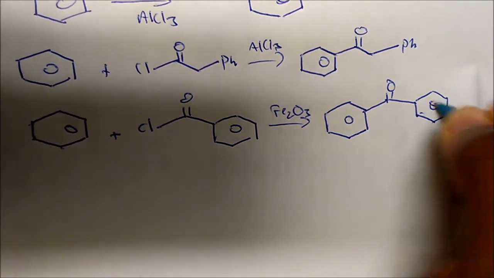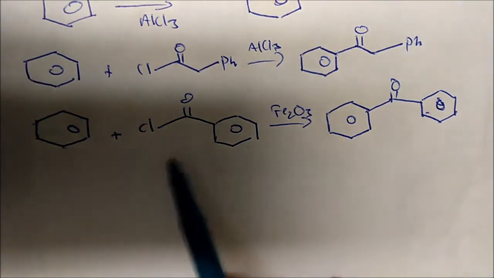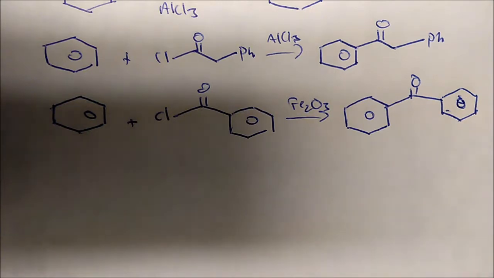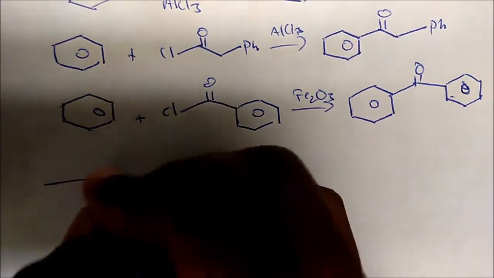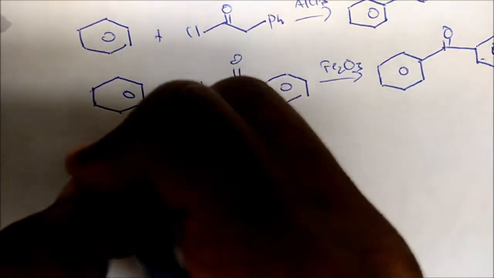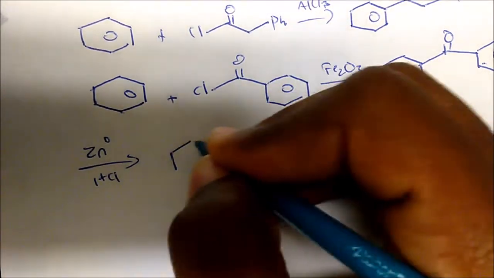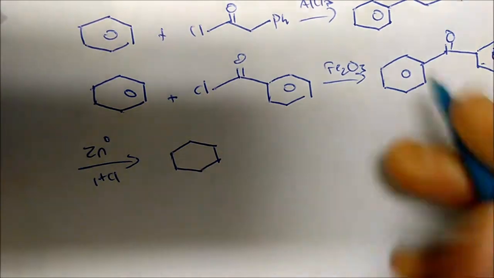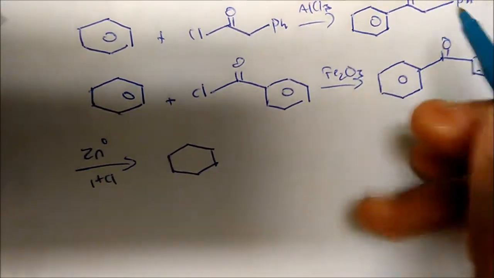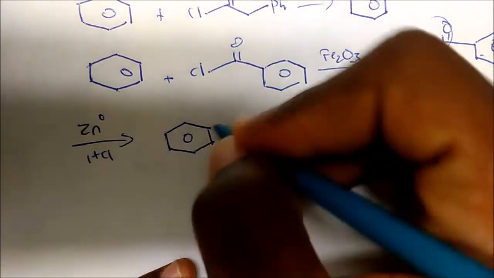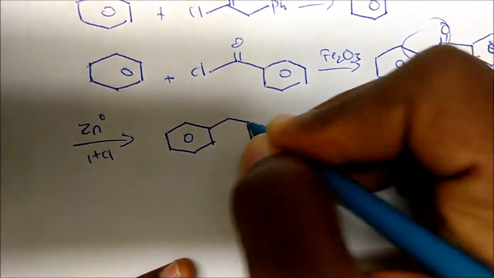Now I want to talk about something here. Let me go a step further. Remember we learned about Clemmensen reduction? We take zinc and HCl, and what this does is it actually takes away the carbonyl. So zinc and HCl takes away the carbonyl, and so this is what we would form.